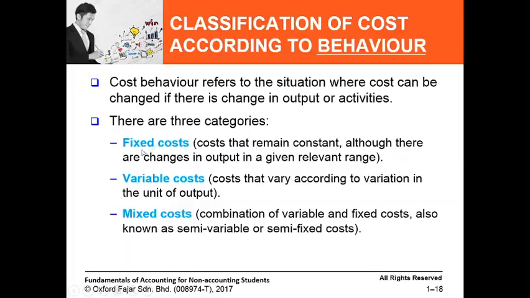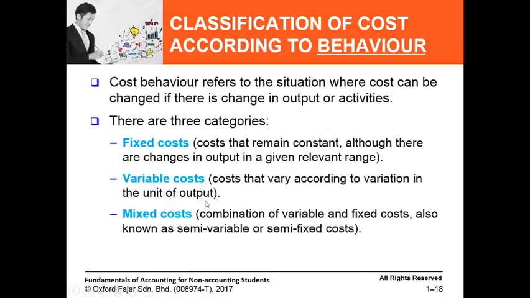There are three categories. One is fixed cost, second is variable cost, and the third one is mixed cost. So fixed costs are costs that remain constant, although there are changes in output or activities in a given relevant range. Okay, and then the second one is variable costs, costs that vary according to variation in the unit of output.